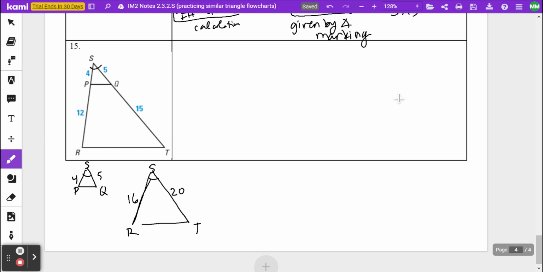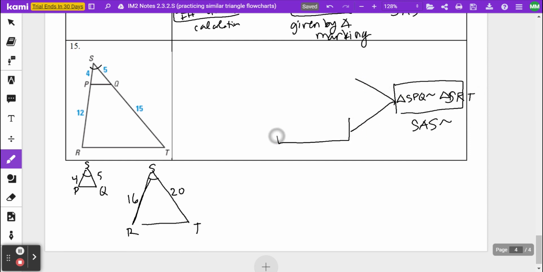All right. I'm going to assume that these are similar, in which case it would be a side angle side similarity relationship. I've got triangle SPQ similar to triangle, want to have the shorter side first, okay, SRT. The angle is straightforward, so I'll do that first. It's just reflexively the same.